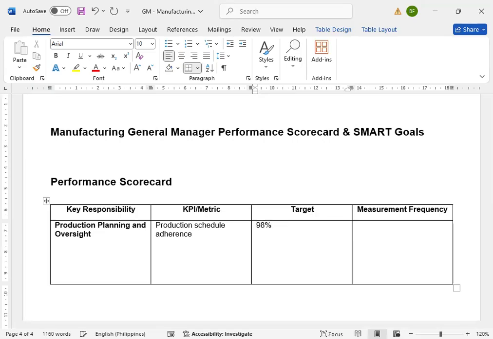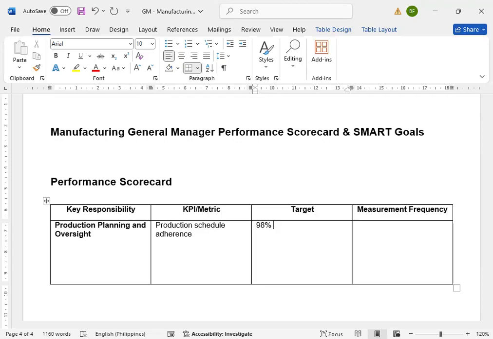Okay. In the real world, there's no such thing as 100% success on meeting the schedule. Sometimes you have problems, sometimes you have issues in the process.